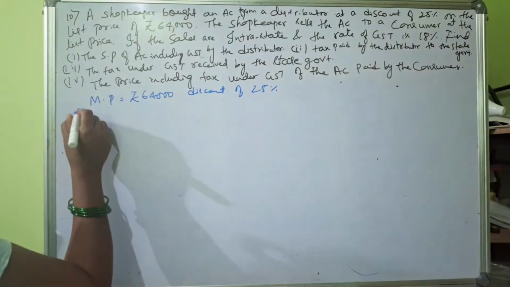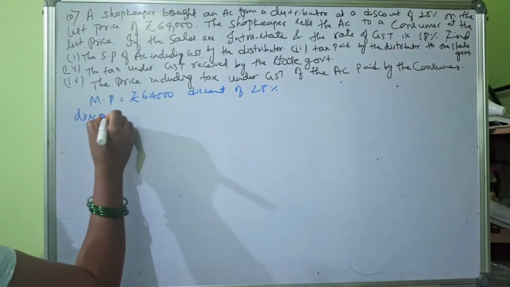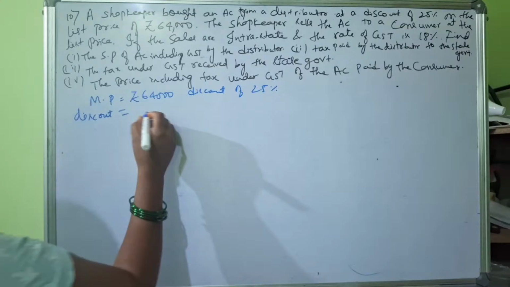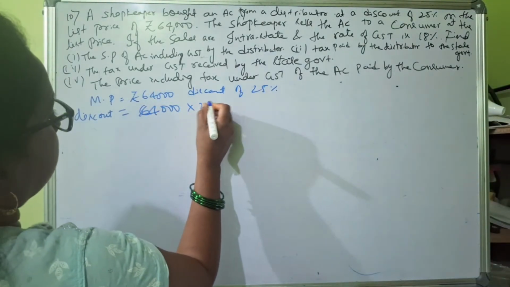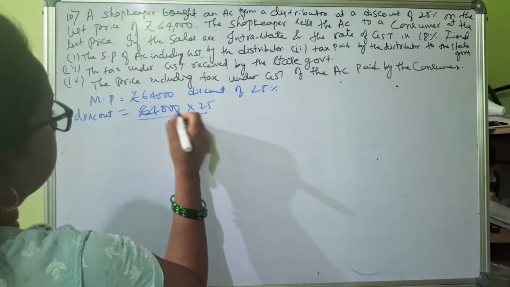So first we have to find the discount price. So discount is equal to 64,000 into 25 divided by 100.